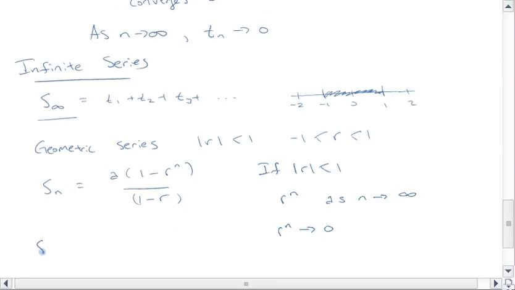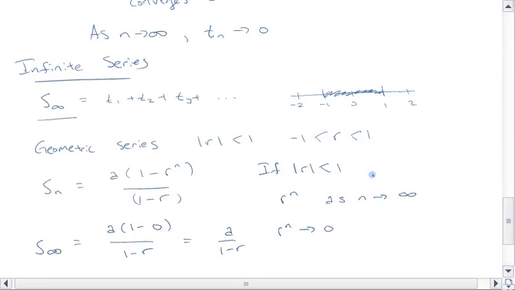So if we take n all the way to infinity, S infinity is A times 1 minus r to the power of n, divided by 1 minus r, and since r to the n approaches 0, this is A times 1 minus 0, divided by 1 minus r. 1 minus 0 is just 1, and A times 1 is A. So this simplifies to A divided by 1 minus r.